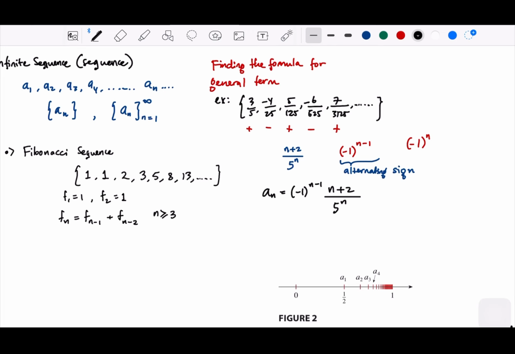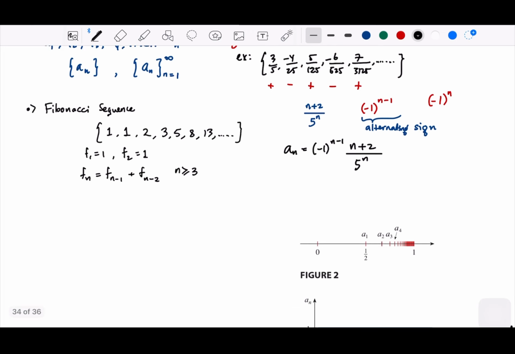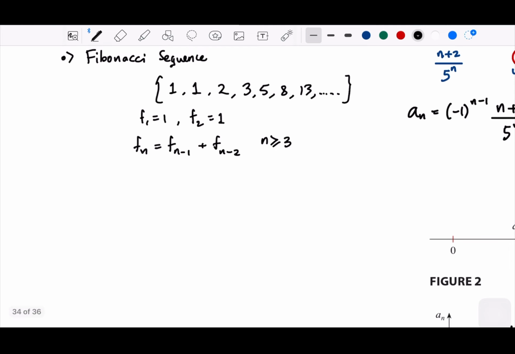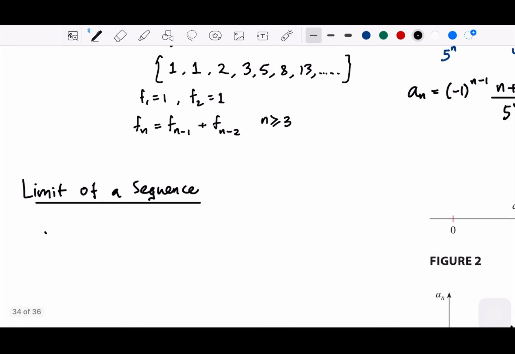Okay, now we are going to, first, let me write the title, limit of a sequence. Like you imagine with the Zeno paradox that we have. But let me write another sequence. Let the sequence be n over n plus 1. We could write this starting from n equal 1.